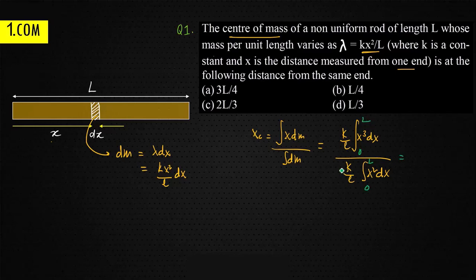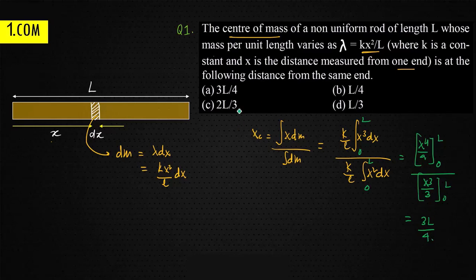Ultimately k by L cancels out. In the numerator I am getting x to the power 4 by 4, putting the limit from 0 to L, and in the denominator I am getting x to the power 3 by 3, putting the limit from 0 to L. Once I simplify, what I am getting is equal to 3L by 4.